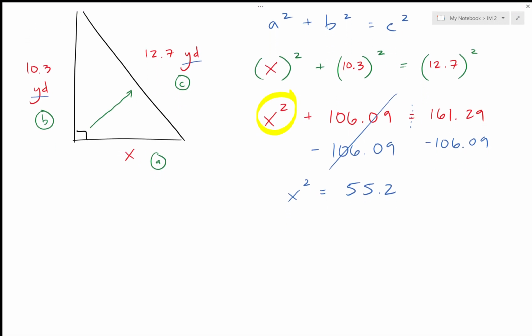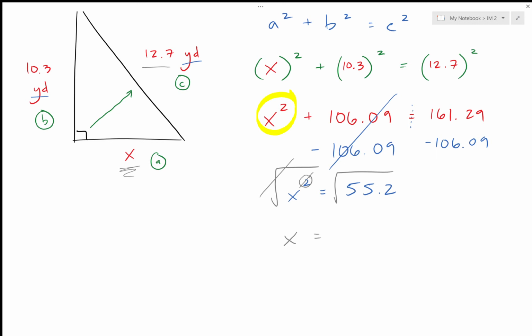Now that's not quite our answer yet, because if I try to write that over here, 55 is way too big of a side. We need it to be smaller than the hypotenuse, 12.7. And remember, to get rid of an exponent 2, you've got to square root. But what I do to one side, we do to the other. Now obviously 55.2 doesn't really square root very well, but since our original numbers were in decimals, let's go ahead and leave this as a decimal.